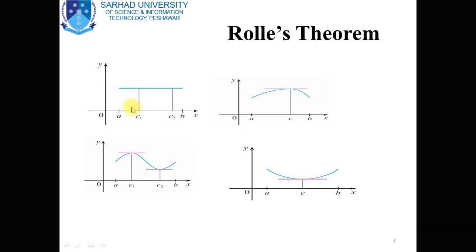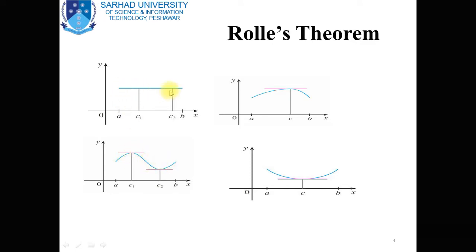This is the first graph of the function on the closed interval [a, b], and here there are 2 points in between this interval, c1 and c2. This is another graph, and in this interval there is 1 point c. And this is another graph on the interval [a, b].